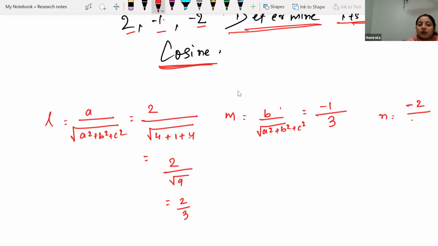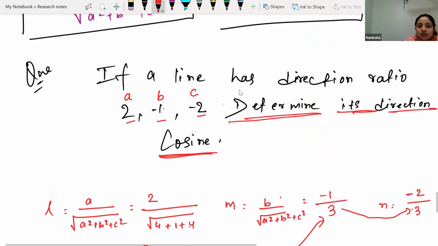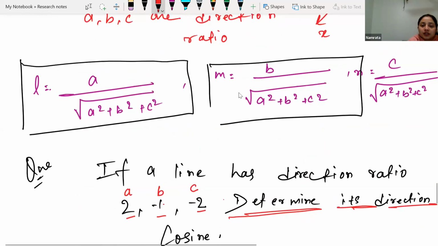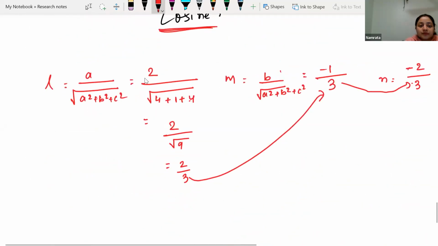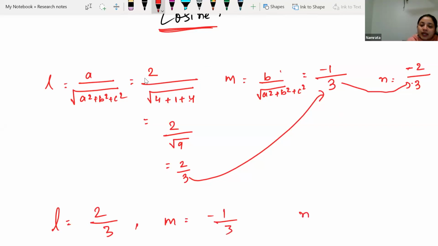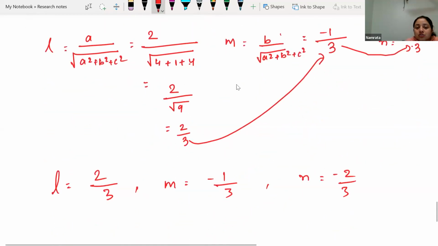You can see that in each and every formula the denominator is exactly the same, so whatever I calculated for the first one I use for the second and third. So we got L as 2 over 3, M as -1 over 3 and N as -2 over 3. This is the direction cosine, this is the answer. Okay.